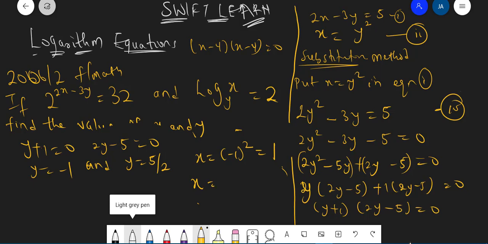Then the other, x equals 5 over 2 squared. I'm using this formula. That will give me 25 over 4. This is your final answer. So funny enough, you have 4 answers: y equals minus 1 and y equals 5 over 2, x equals 1 and x equals 25 over 4. So are we clear on this?